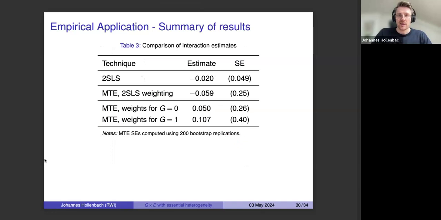Now I have here a summary of the gene-environment coefficients we've estimated throughout the journey. In the first line, you can see, again, the interaction estimates from two-stage least squares I've shown you in the beginning. It was minus 0.02. In the second line, you can see the same thing estimated by marginal treatment effects with the two-stage least squares weighting.